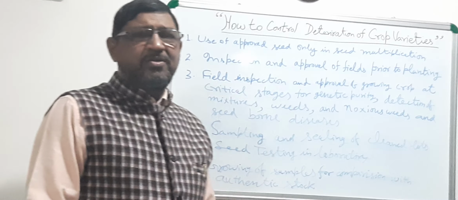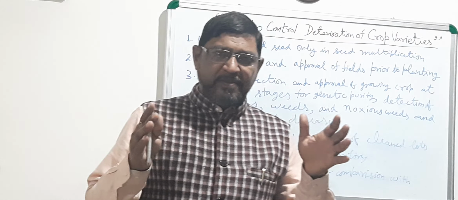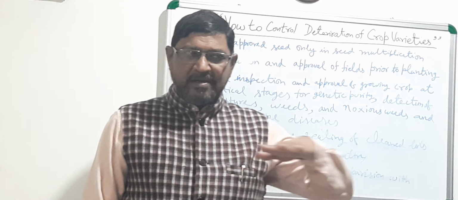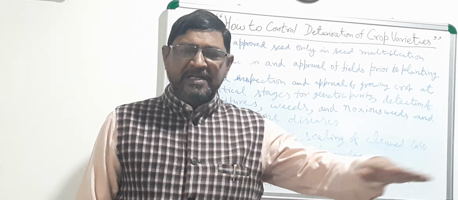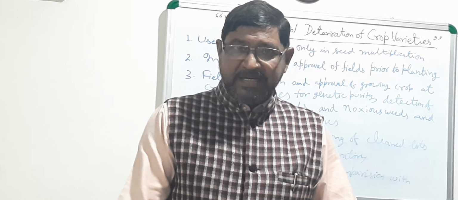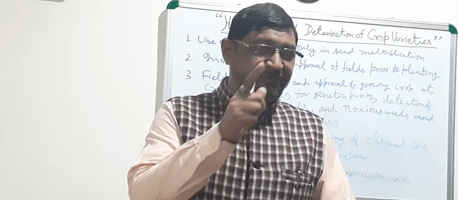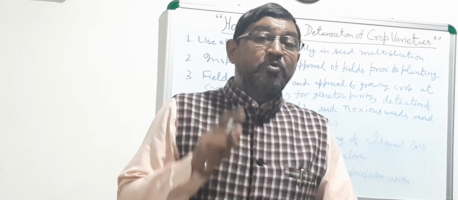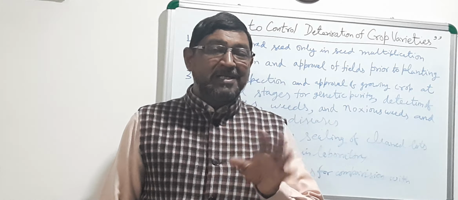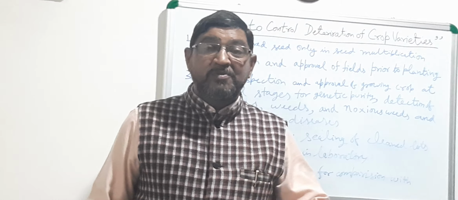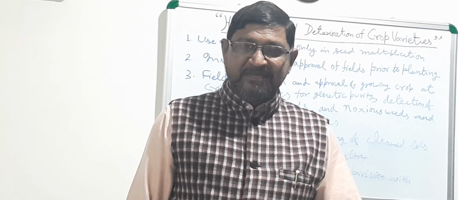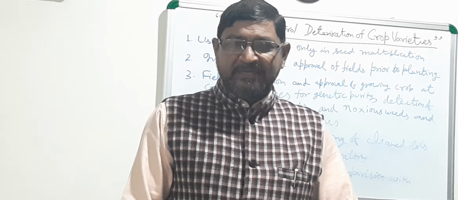The major things they see are whether the location of the field is okay, so that the inspector or certifying agency officers may visit your field easily. That is one criterion for approving the field. You must have assured irrigation potential, because quality seed production cannot be done on natural rains.